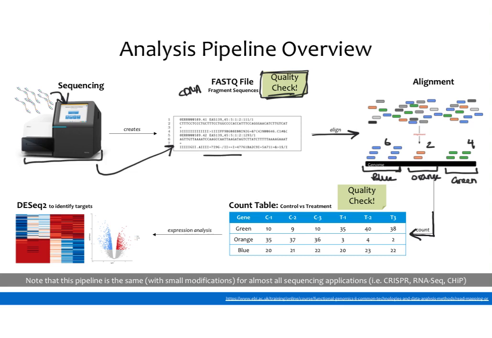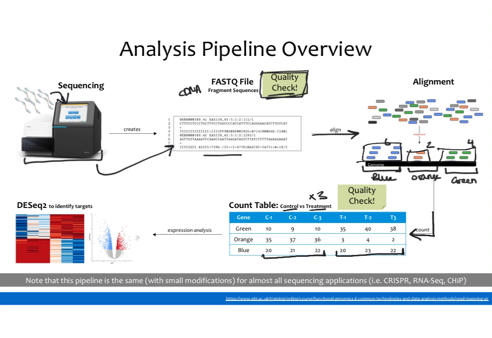So once you put in all of your different replicates, so let's say we sent control and treatment, and we sent 3 replicates of each one, then these are going to be all of our controls, and these are going to be all of our treatments. We're going to do this FASTQ and alignment with each one of these samples, and we're going to get a certain number for each one based on how many copies of that gene are found in the sequencing files.